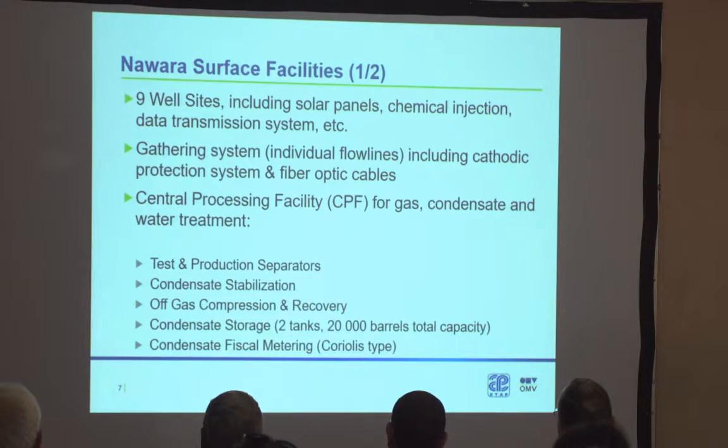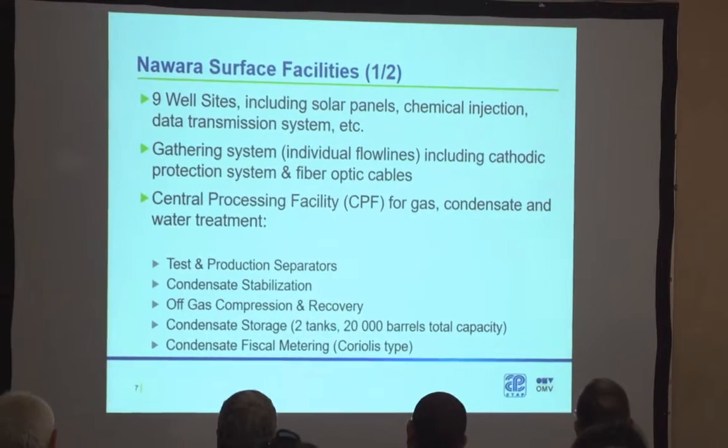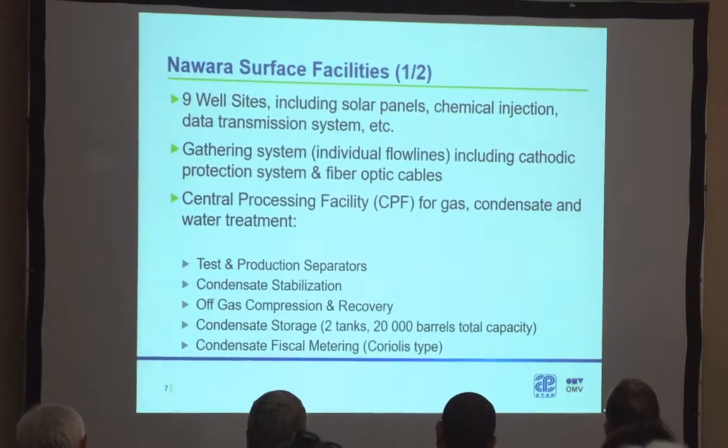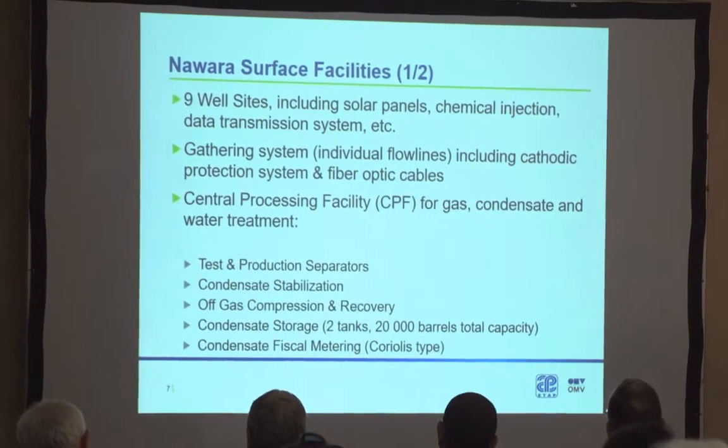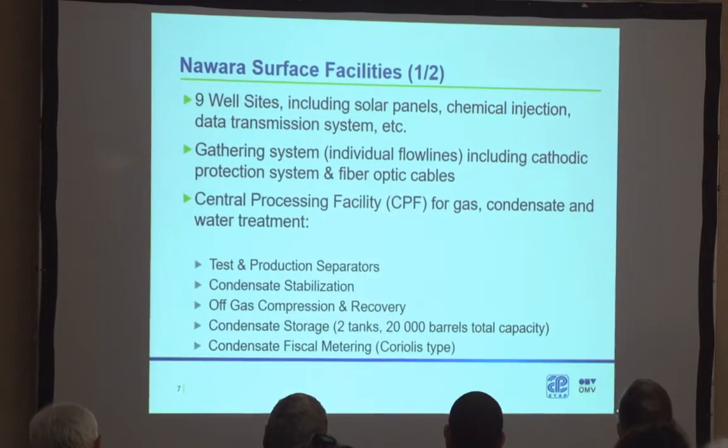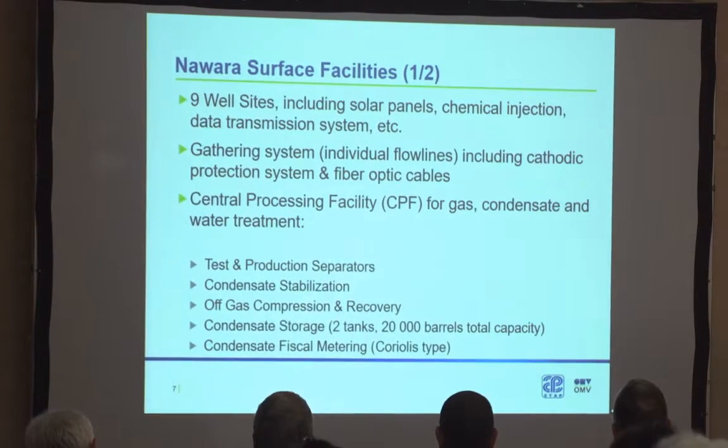We have a data transmission system for the data transfer from the well sites to the CPF, the flow rates, the pressure, the temperature, all needed data for the production and maintenance activities. The gathering system is individual flow lines from the well sites to the CPF. So we have 6-inch flow lines from the 9 well sites to the CPF.